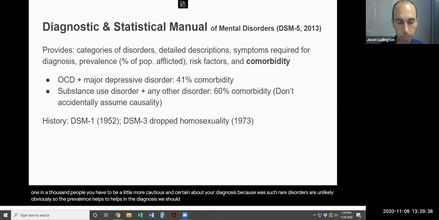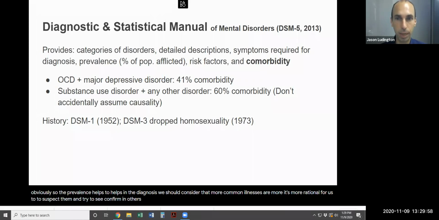We should consider that more common illnesses are more rational for us to suspect and try to confirm.